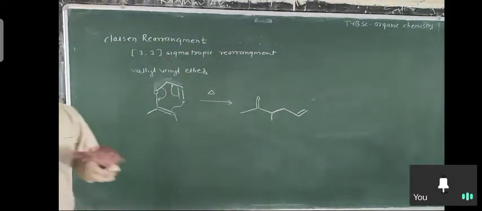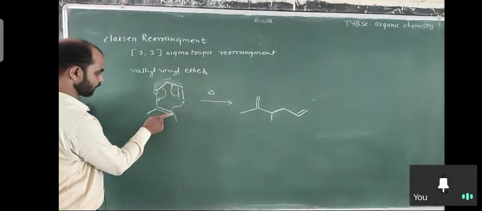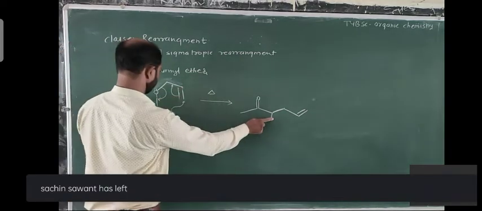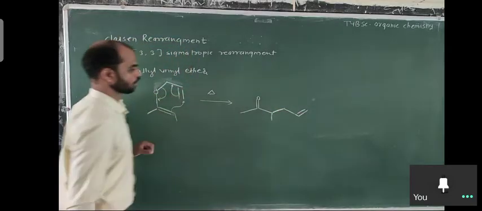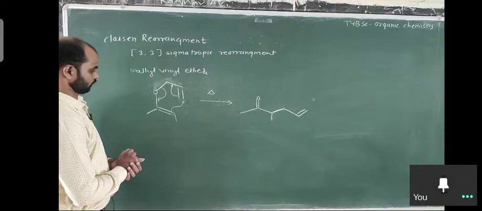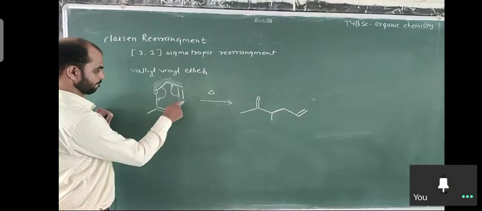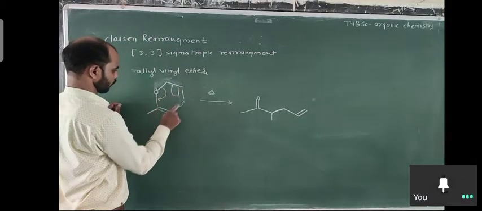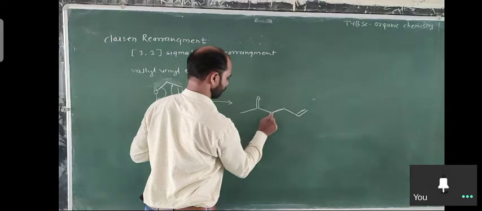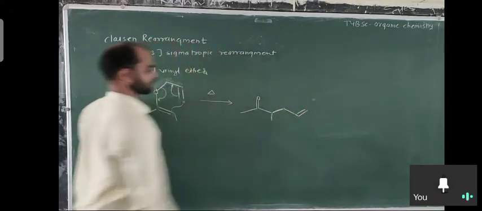So there is formation of a ketone, and it is the beta gamma. Sorry, 1, 2, this one.